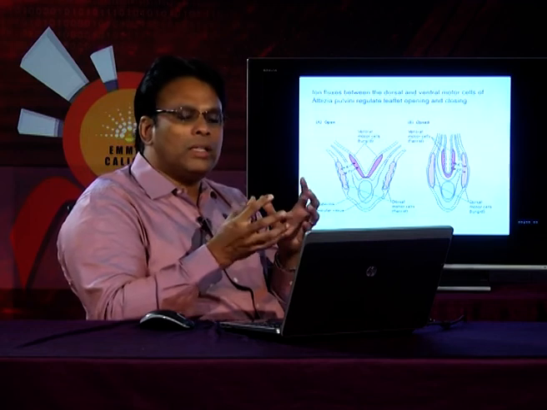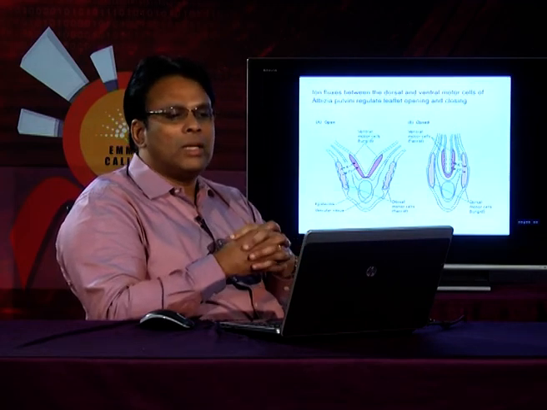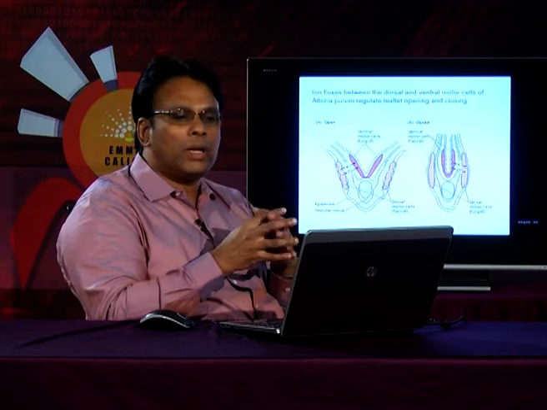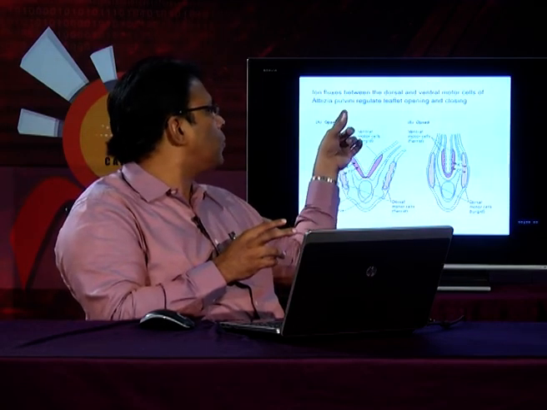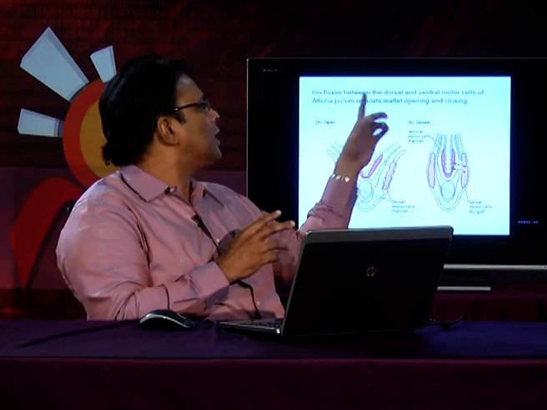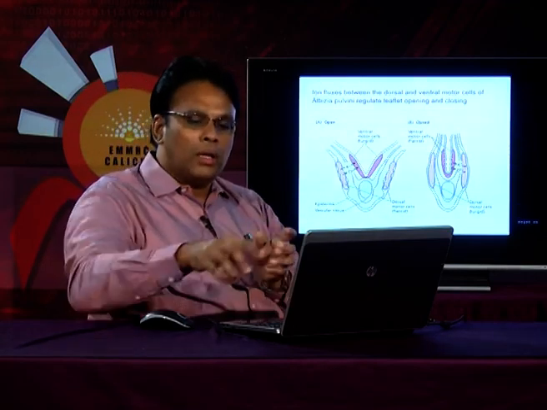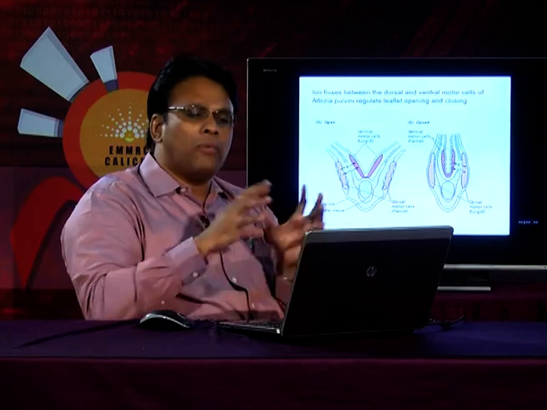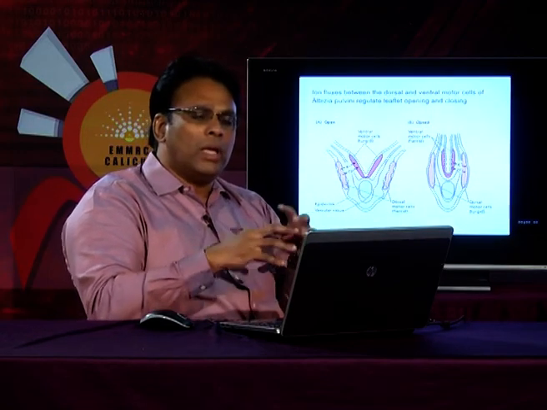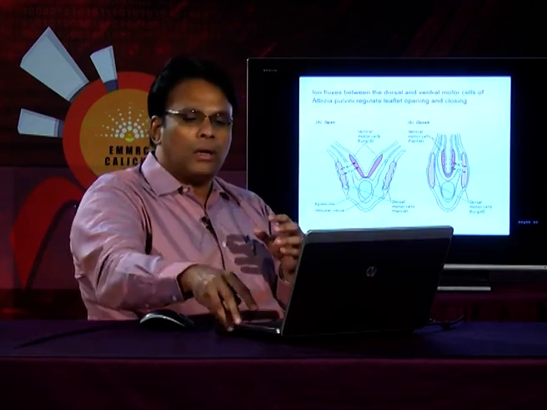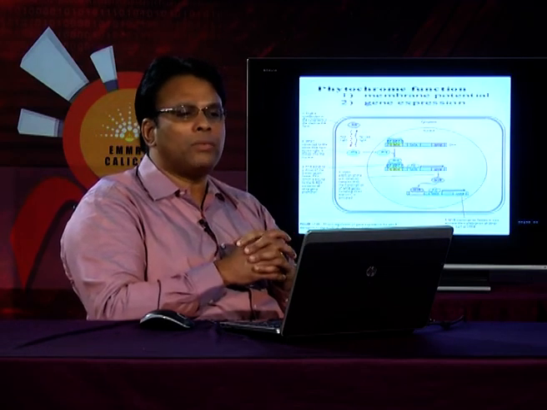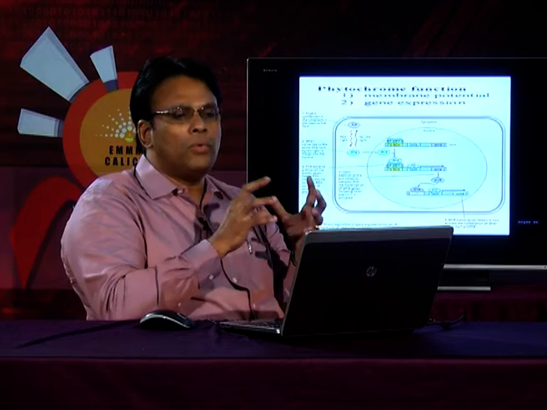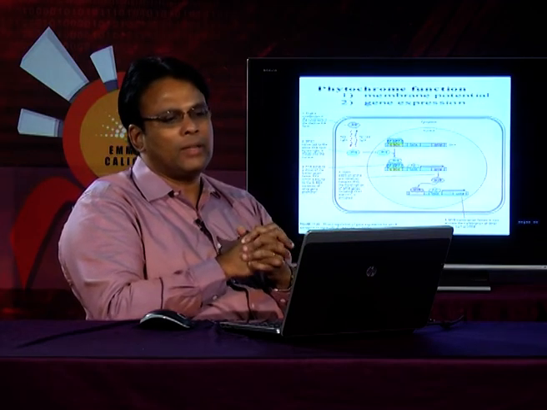So, basically the potassium ion fluxes happen between the dorsal and ventral motor cells, as depicted in the case of Albizia pulvini, and this regulates the leaflet opening and closing. The flux of these ions is controlled by the phytochrome. And here you can see how exactly the phytochrome is going to influence these particular actions.